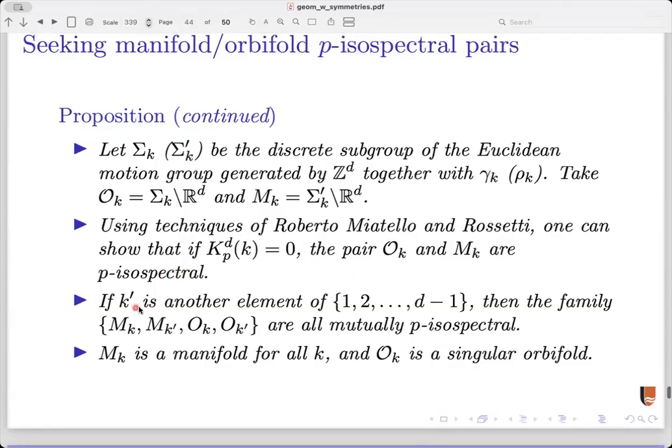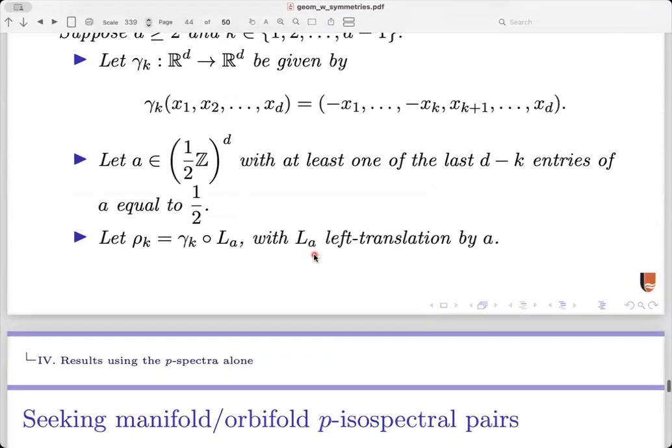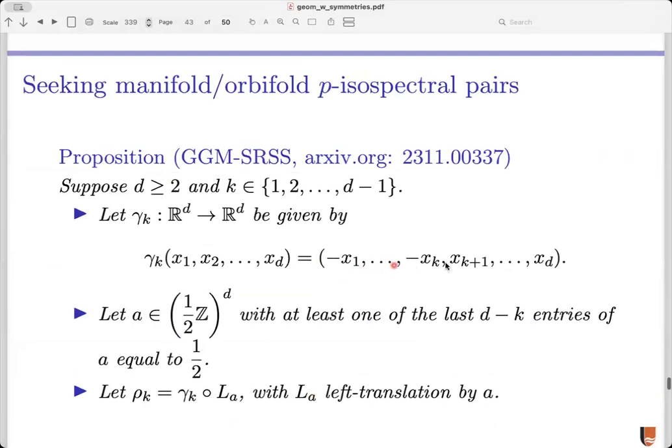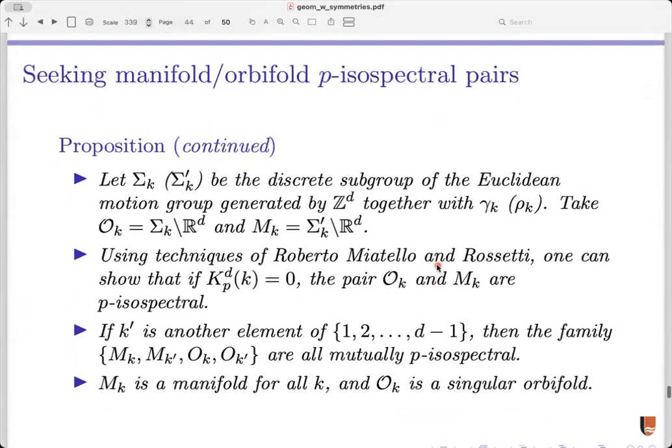Another fun result is that if k prime is another element of the list from 1 to d minus 1, then we in fact have a family of 4 objects that are mutually p-isospectral, using this other k prime to define, just where did that k fit in, right? The number of entries that get negated at the beginning of gamma_k, right there. Okay, so this is a proposition.